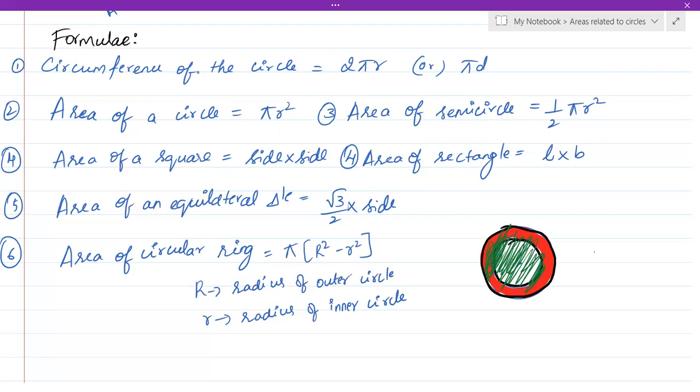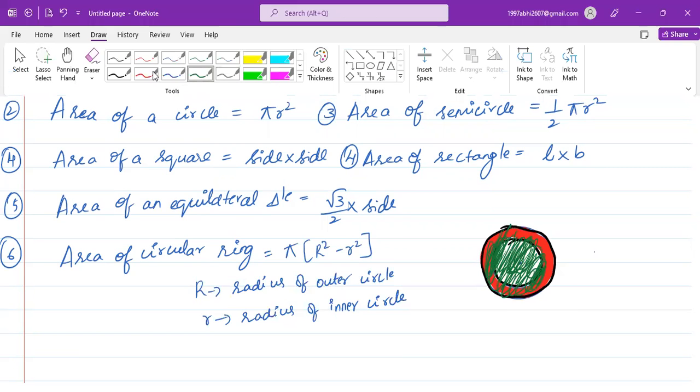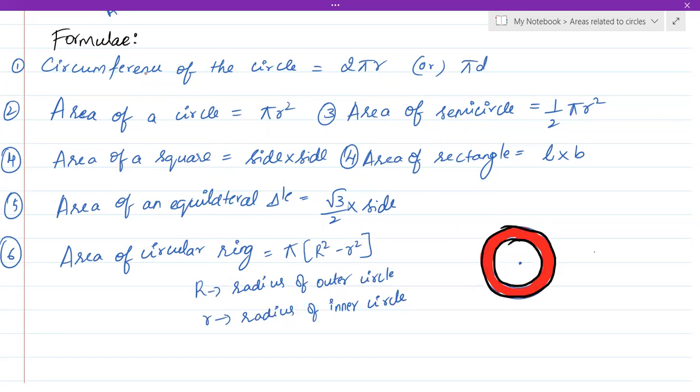The inside part will also be shaded, so now nothing is visible. Completely I've shaded.